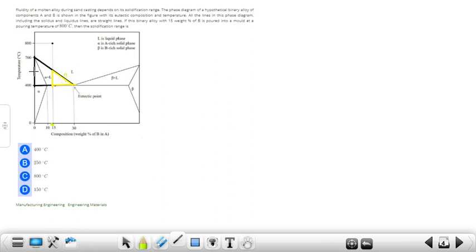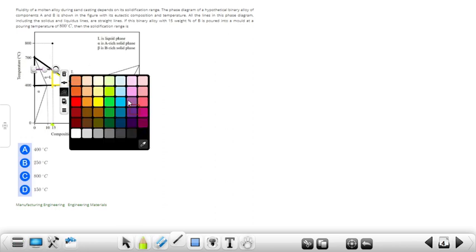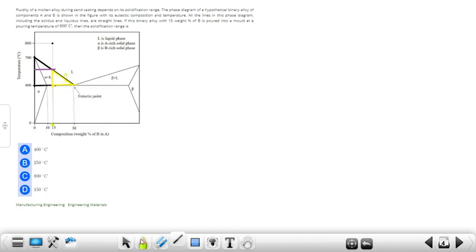Comparing both the triangles, we can get the answer.